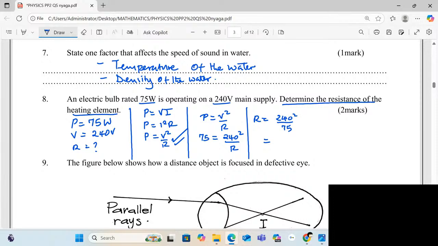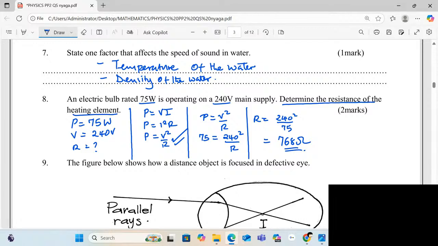So 240 by 240, then you divide by 75. Then we are having 768. 768 ohms.